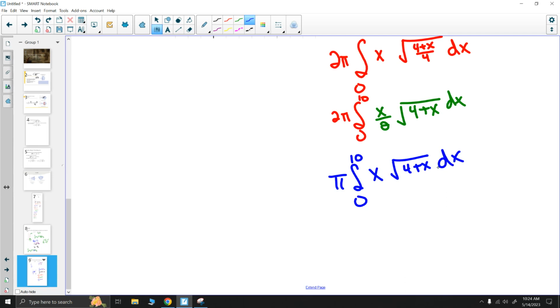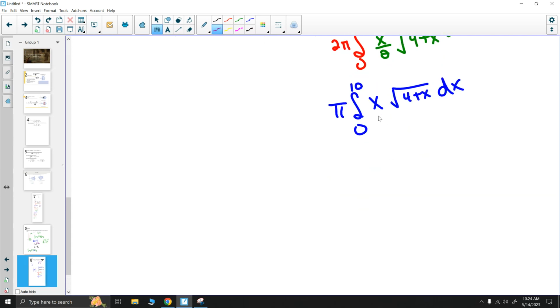Okay, so now what we want to do is integrate this thing. Now we can't use u sub, so I'm thinking maybe integration by parts. So if we call this our u and this our dv here, u is x and dv is the 4 plus x to the 1/2 dx, and normally I would avoid that for a square root, but because this is linear inside, it's not that hard to integrate.